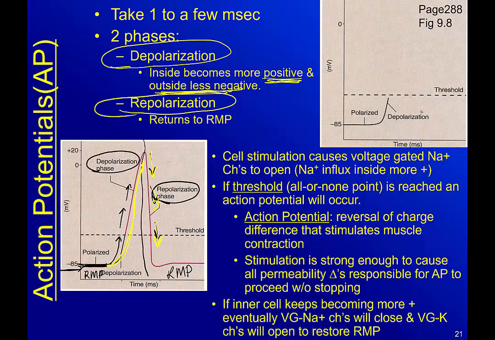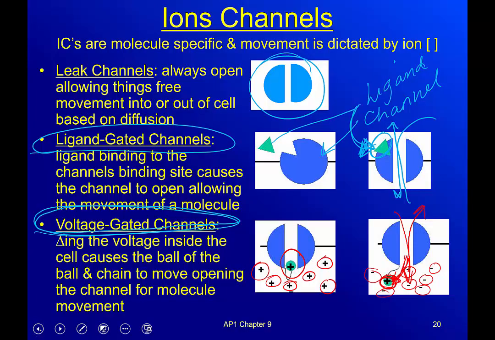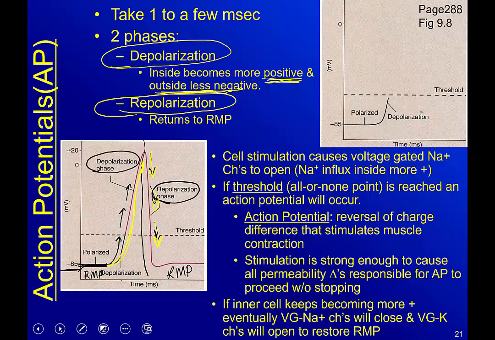So, cell stimulation causes voltage-gated sodium channels to open. Voltage-gated channels, that's this guy right here. Okay? They're gated. Yes? All right. So, cell stimulation causes voltage-gated sodium channels to open, and sodium will influx into the cell.